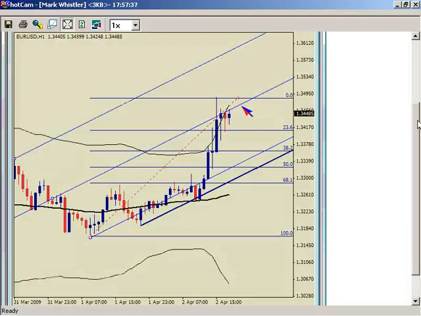And if we look at what's happening here, we start to see the 50% retracement and even the 61 point right at about our lower trend line here. What's more, we're going to see our moving mean support as well.